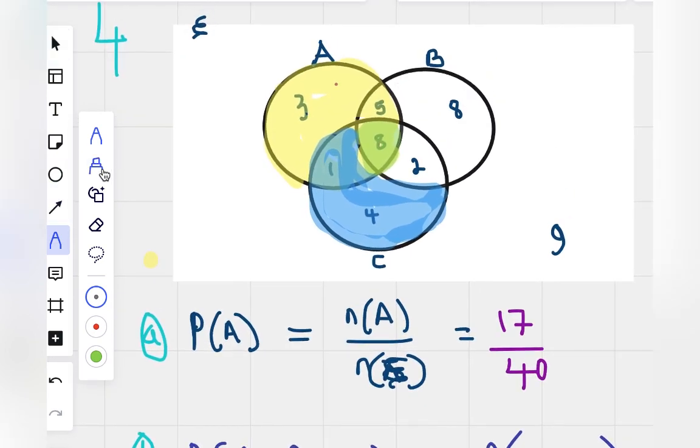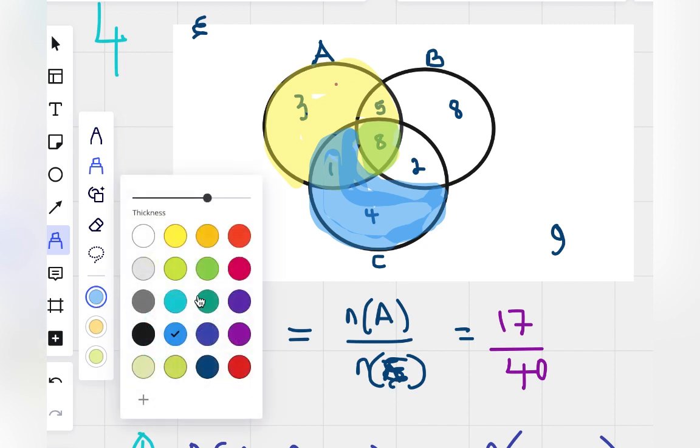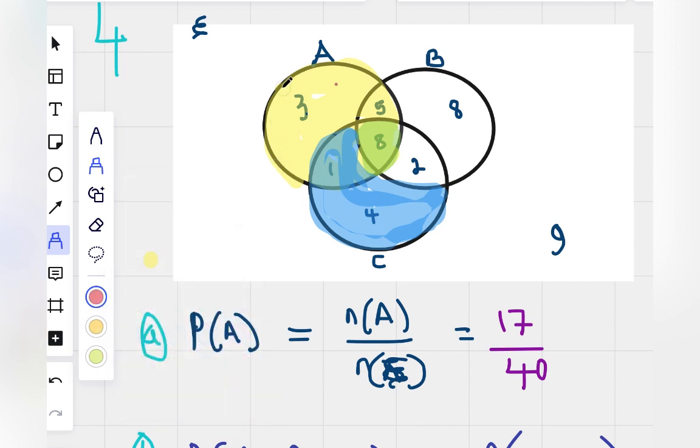A union B will be everything in A and B. So A union B is what we have highlighted with the pink color.